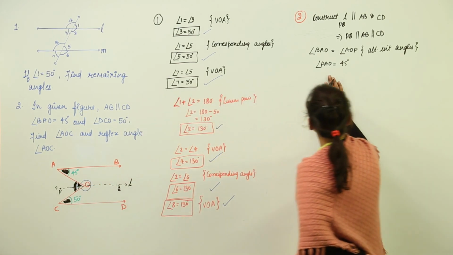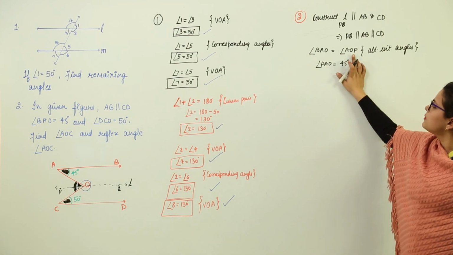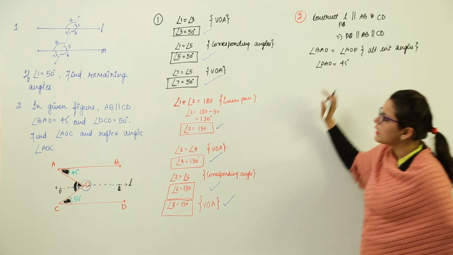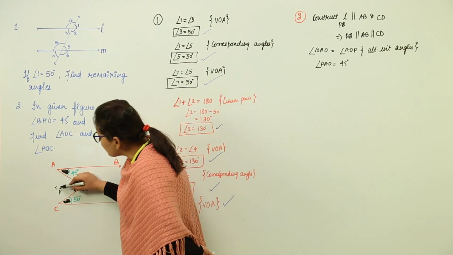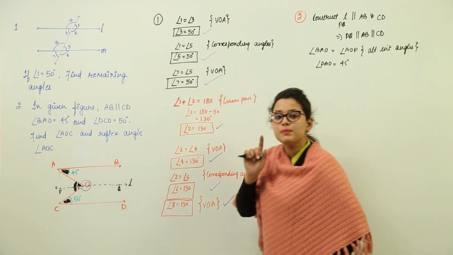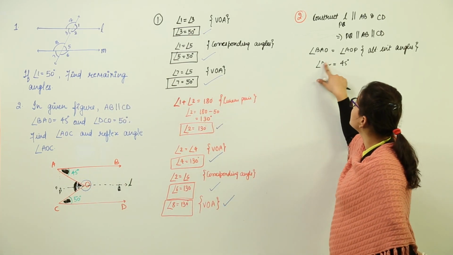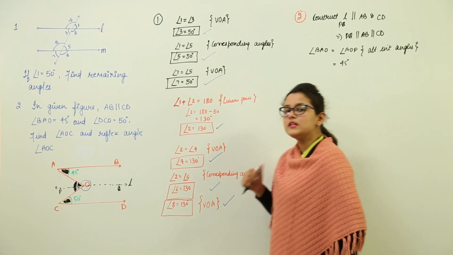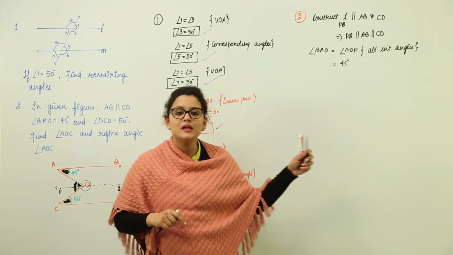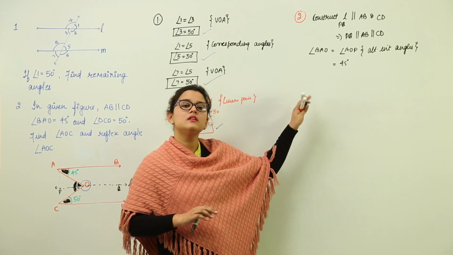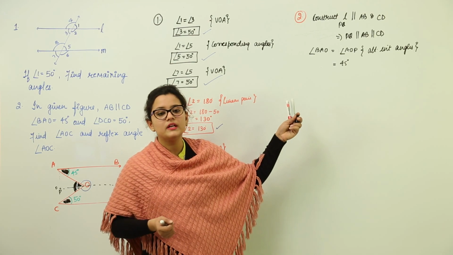Now here please pay attention. You write it as AOP or you could have written it as POA. But PAO is no angle, because PAO would have been this angle and we do not have any such angle. So please pay attention when you are making any such statements regarding the angles while you are naming them, because that is where you can lose marks. So I have made that mistake to make you understand that do not think that writing it in the other way is not going to make any difference.